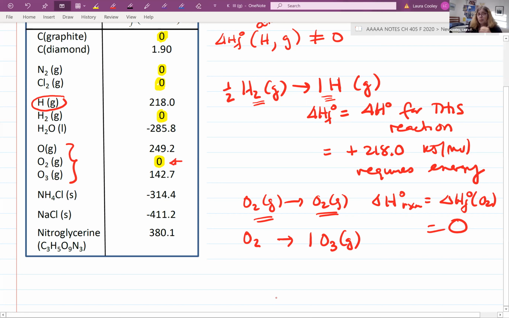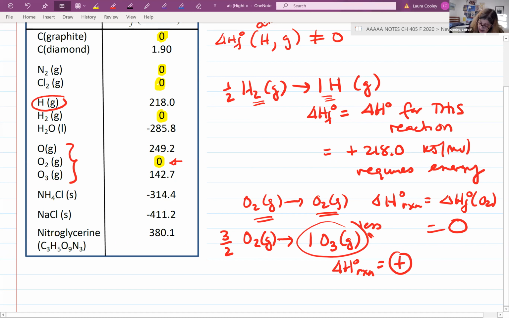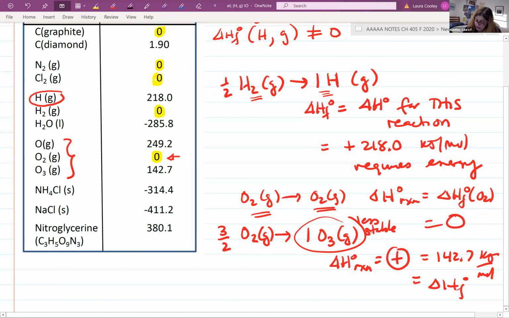You always end up with 1 mole of the thing you're forming, so that makes this 3/2 O2 gas. The delta H^0 for this reaction is positive because O3 is a less stable form of that element. And of course, it is 142.7 kilojoules per mole. That's the delta H_f^0 of O3.